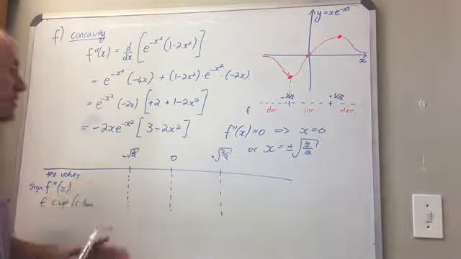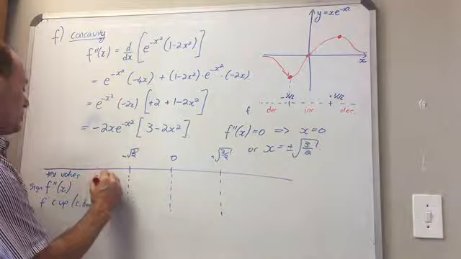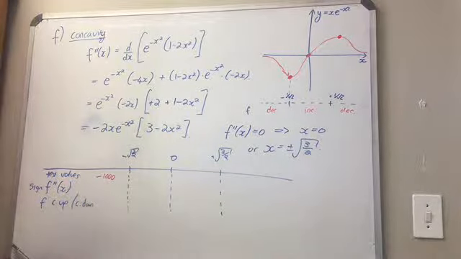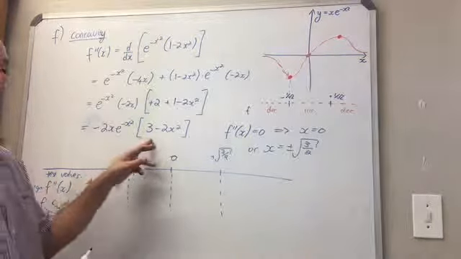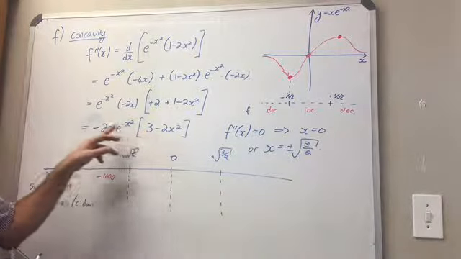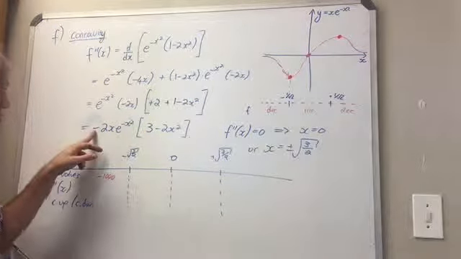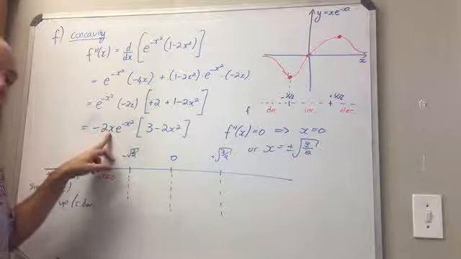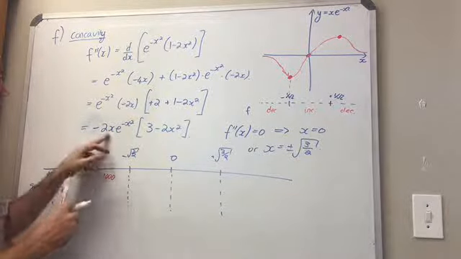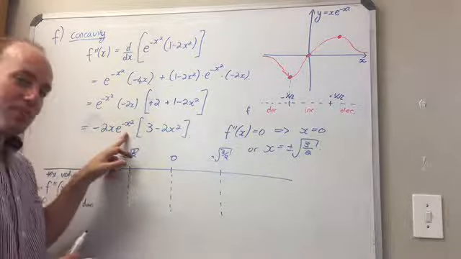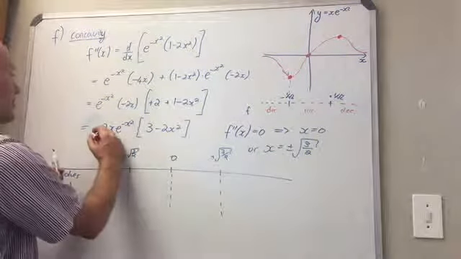Okay. So in this interval here, I can choose a test value of -1000, and sub that into the formula for the second derivative. I'm going to get a negative number times a negative number, because x equals -1000, times a positive number. Exponentials are always positive. So let me just do this again.